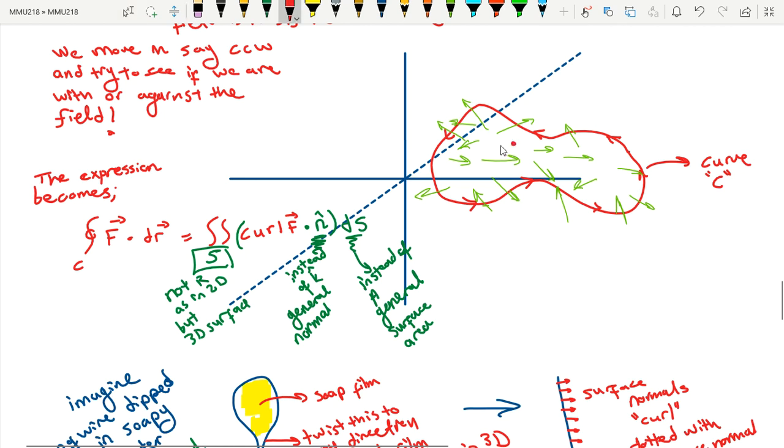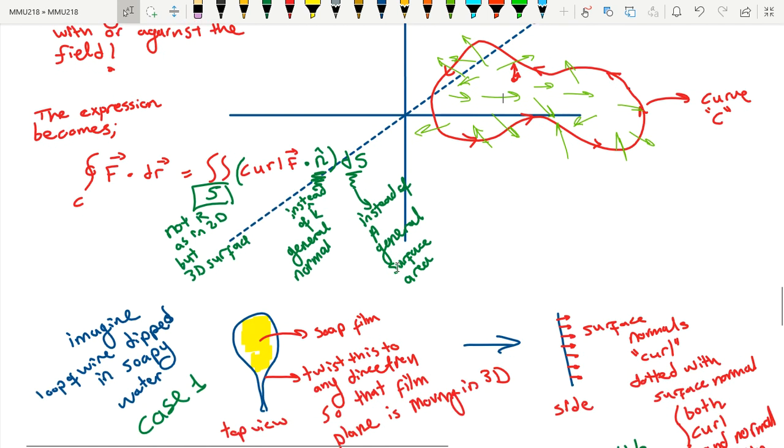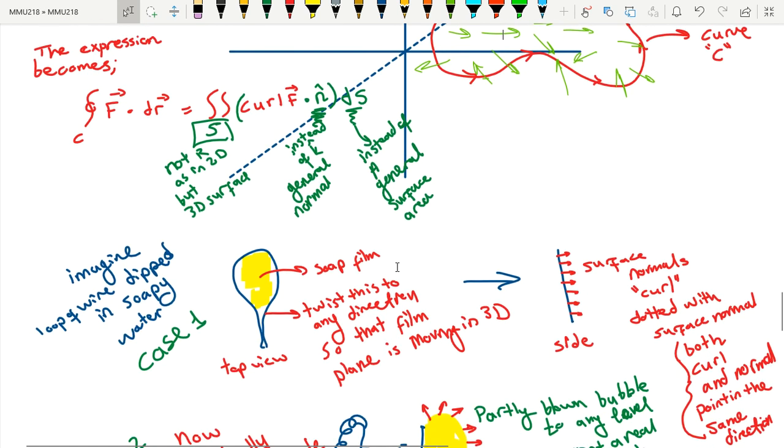If I'm interested in this point over here, the curl is pointing up in the normal direction, and obviously the surface normal is pointing up in the normal direction, and their dot product gives me the magnitude of the curl in the normal direction. And instead of the general dA expression here, I have the surface dS term. So these are the little changes we have.